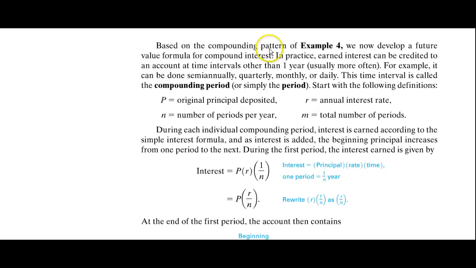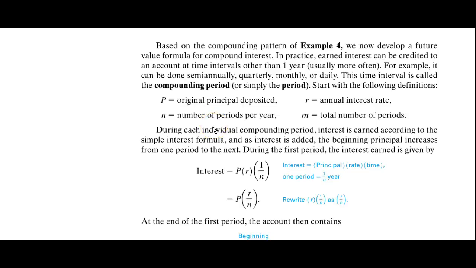Now, if we look at the chart above in example 4, we can do some other things with this formula. We're going to do some compounding over periods other than a year, because sometimes we can compound semi-annually, which is twice a year, quarterly, which would be 4 times a year, monthly, which would be 12 times a year.